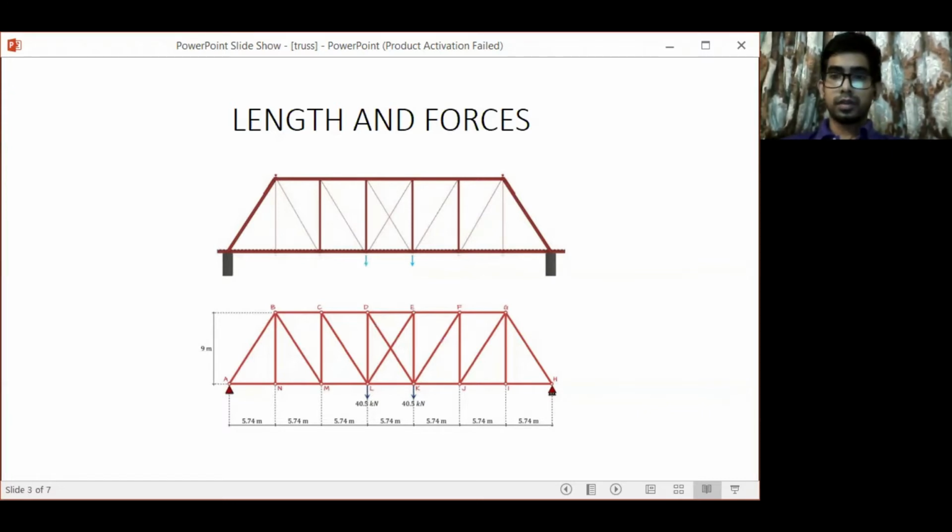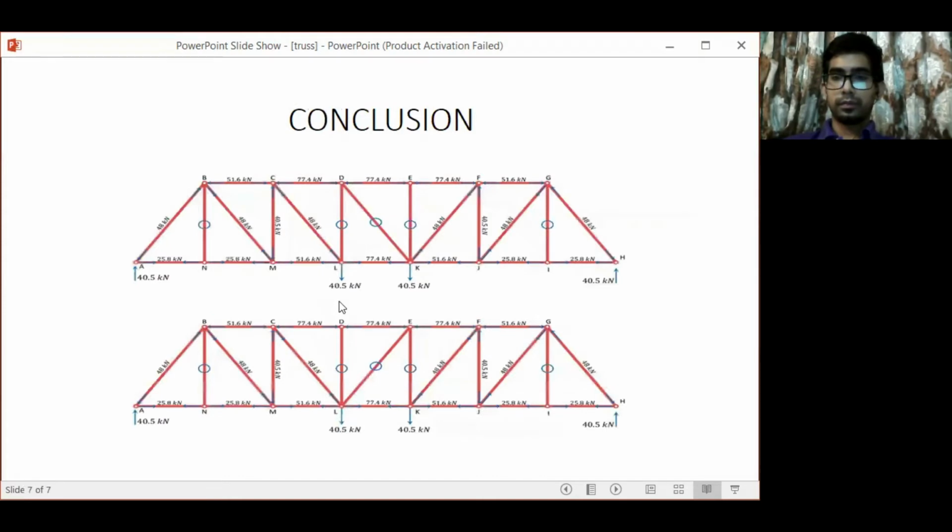And the forces over here are found out by dividing the wheels into four parts.